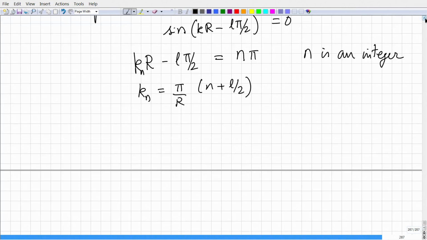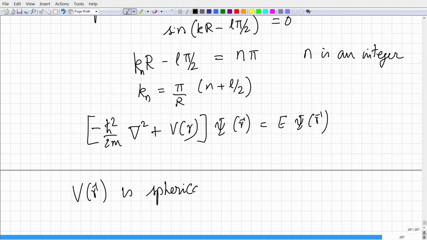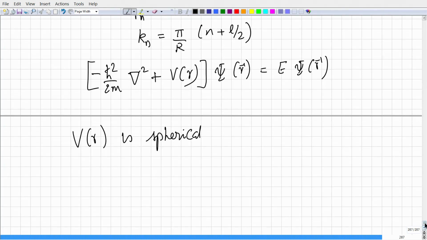Now, when I have an impurity, the Hamiltonian is minus h cross squared by 2m del squared plus V of r, because it is a spherical potential due to the impurity, so it only depends upon r. Then H psi of r is equal to E psi of r. Now, because V(r) is spherical, the perturbation is spherical, so I can remove the vector notation on r.